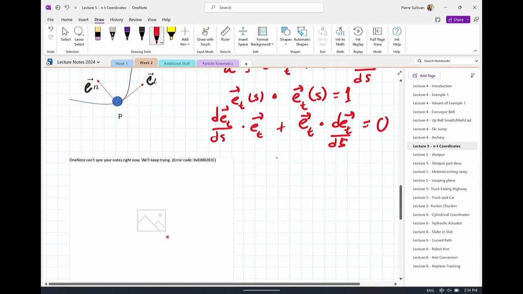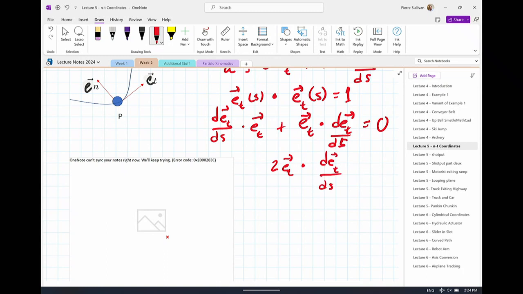So out of that, if I take the derivative, calculate the terms, combine everything, I end up with 2 E sub t dotted with dE sub t ds equals 0, which implies E sub t is perpendicular to dEt ds.